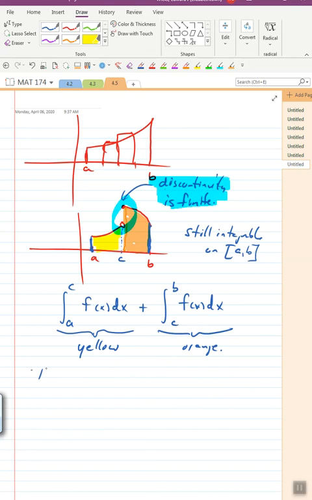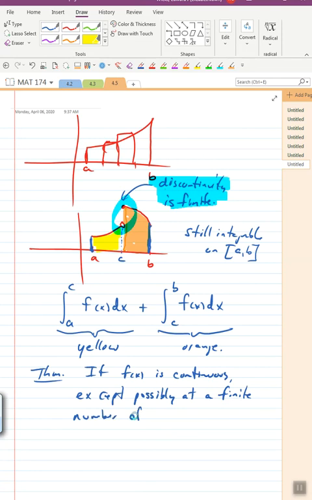Okay, so the real answer to your question, Ethan, which the Calc 1 books never state this way, we could modify our theorem and say if f of x is continuous except possibly at a finite number of finite discontinuities, f of x will be integrable.